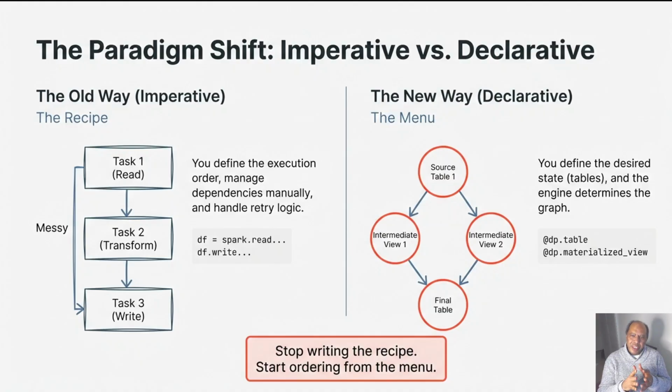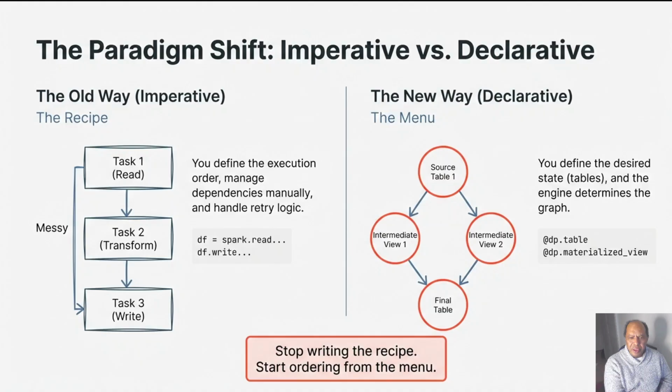But the declarative one is like having a menu. So you choose from the menu what you want, and then the chef will do it for you and bring the food ready for consumption. On the left side, we have the imperative approach, which is essentially the recipe. You have task 1 for reading, for example, task 2 for transformation, and task 3 for writing.